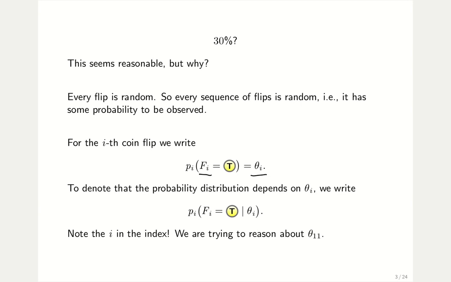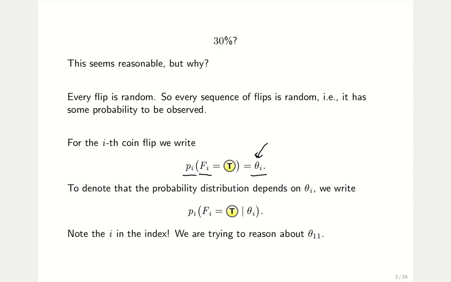And what we want to do is we want to find out more about this parameter theta_i, or this set of parameters theta_i, from the data. So we have probability distributions p_i, one for each coin flip, and it depends on this parameter theta_i.